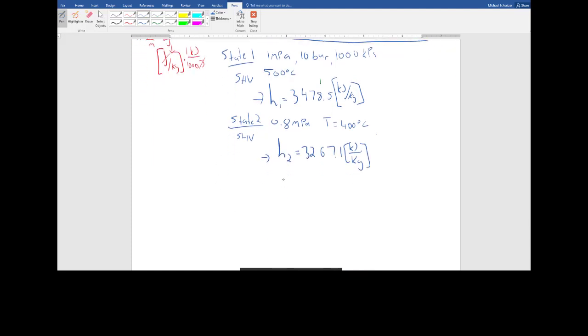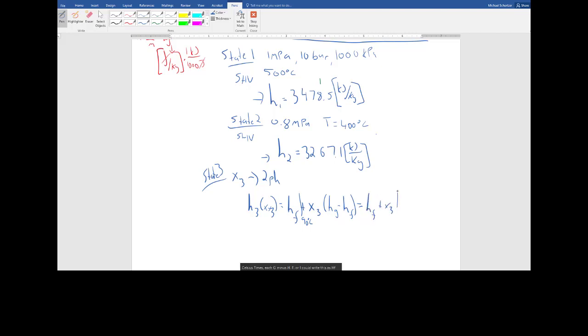Again, I asked, what's the fluid? The fluid was water, but the phase here, because they told me the quality, this means 2-phase, which means I can use my quality equation: H3 of X3 is equal to HF plus X3, this is HF at 90 degrees Celsius, times hg minus hf, or I could write this as hf plus x3 times hfg.